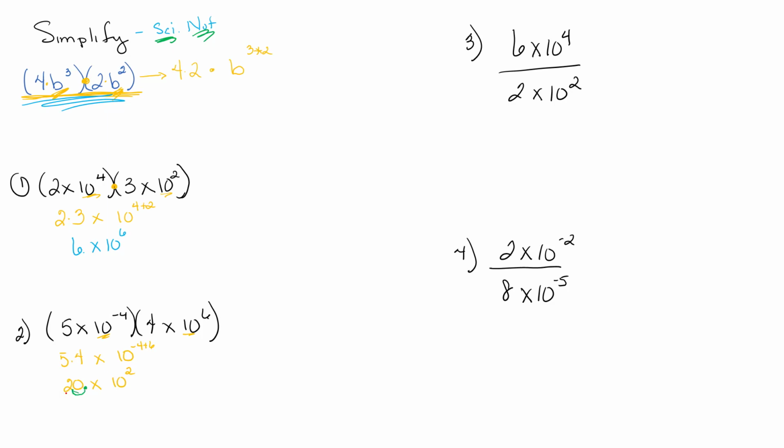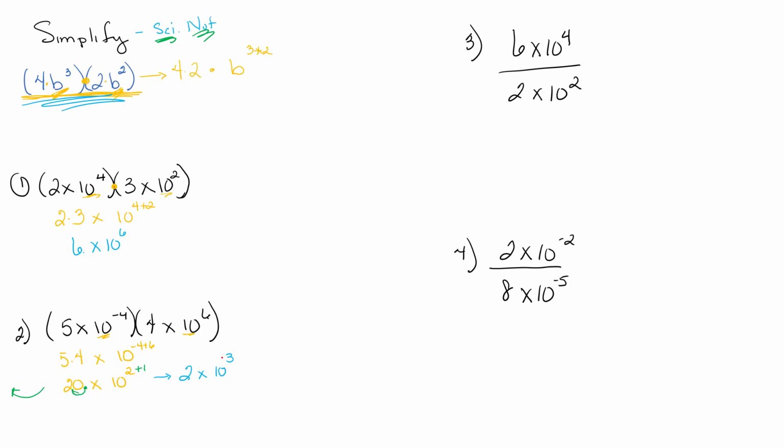And when I go to the left, my powers of 10 get larger, which means I get to add 1 to this power of 2. I have to compensate for that move. Therefore, my final answer will be 2 times 10 to the power of 3.